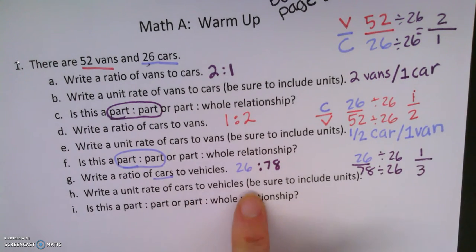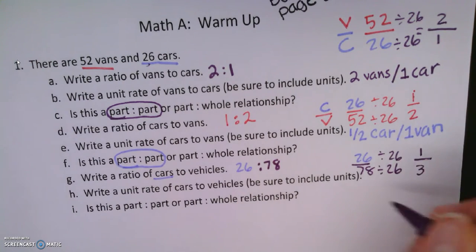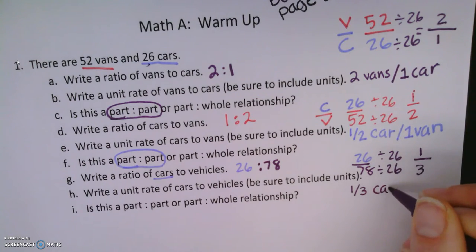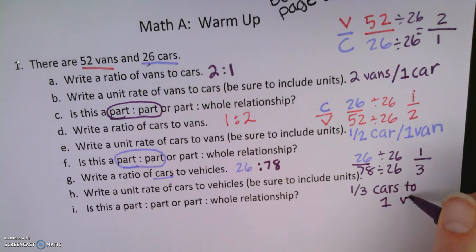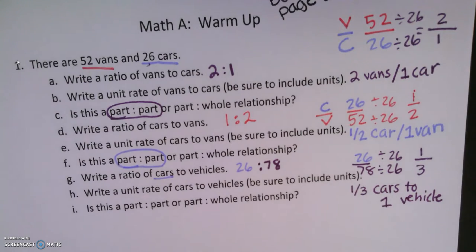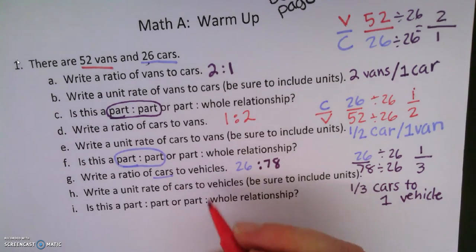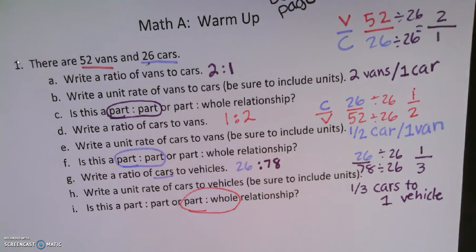So the unit rate of cars to vehicle is going to be 1/3 cars to 1 vehicle. One out of 3 of the vehicles, so 1/3 cars to 1 vehicle. Is this part-to-part or part-to-whole relationship? Well, this is a part-to-whole relationship because we're talking about all the vehicles.